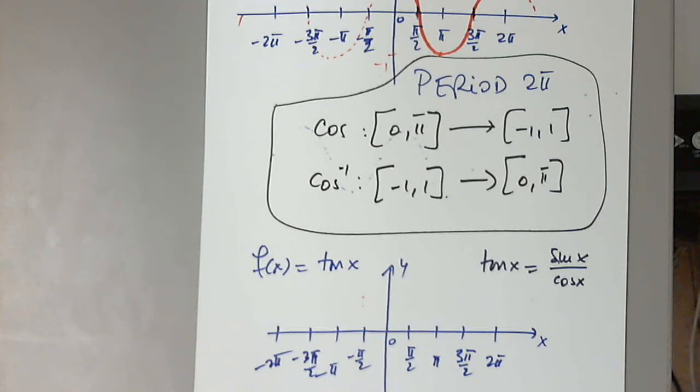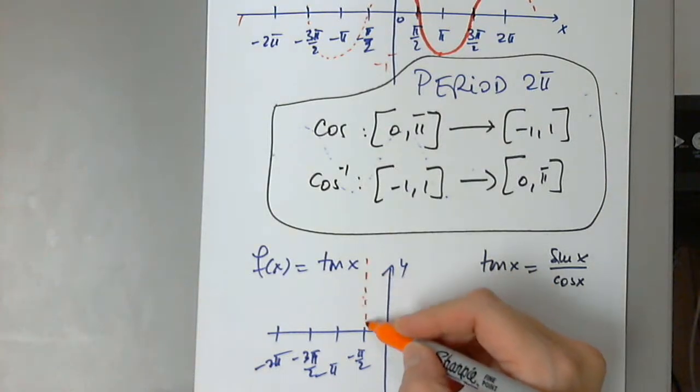But here, cosine can be 0. Where is cosine 0? Pi over 2. Okay, so at pi over 2 and negative pi over 2, where else? Right, at 3 pi over 2 and negative 3 pi over 2. What does that mean? It's a vertical asymptote. Thank you.